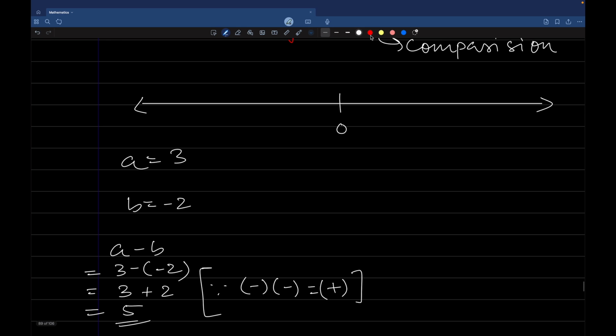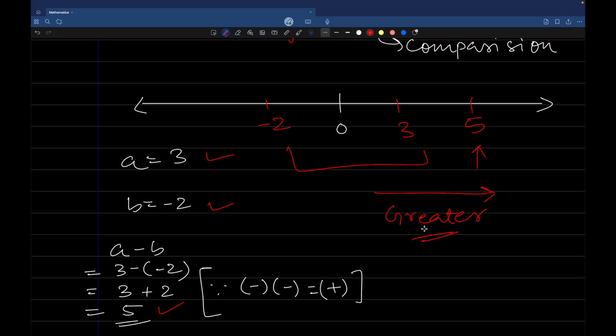Now we have to compare the numbers a, b and a minus b. We have a equals 3, b equals minus 2 and the difference equals 5. We got a difference which is greater than both the integers. When we go on the right side of the number line, we get greater numbers.